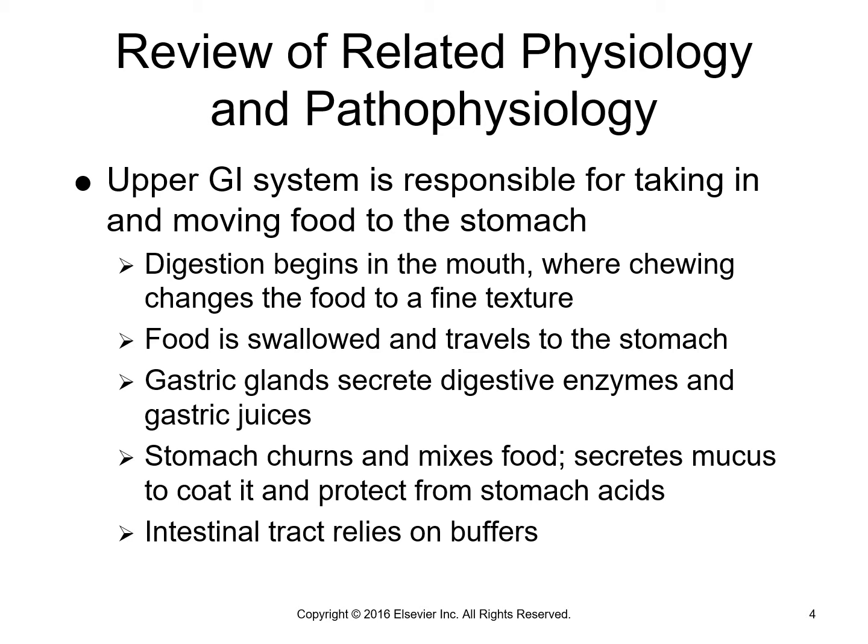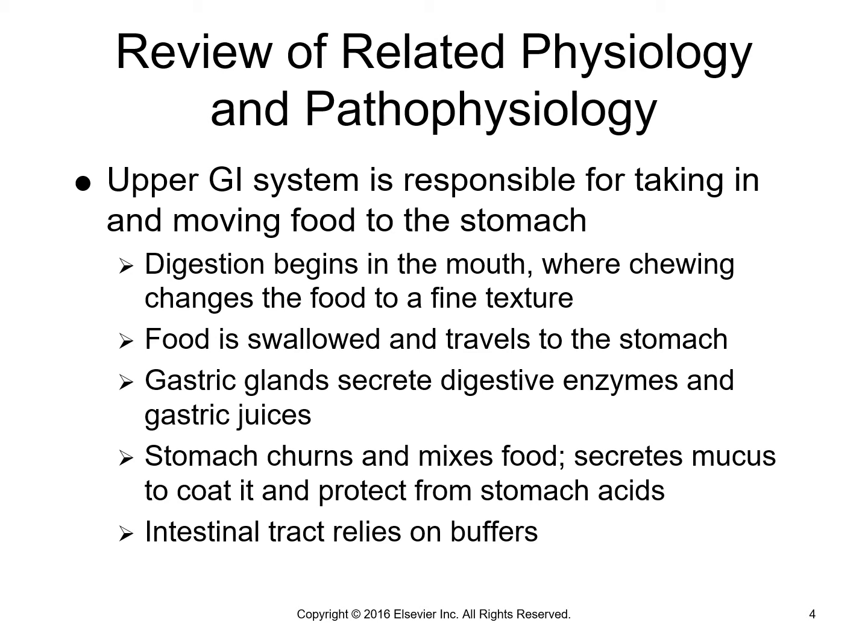But since it's an acid, it can damage your stomach mucosa. Therefore, your stomach itself releases its own mucus coating so that the acid does not damage it.